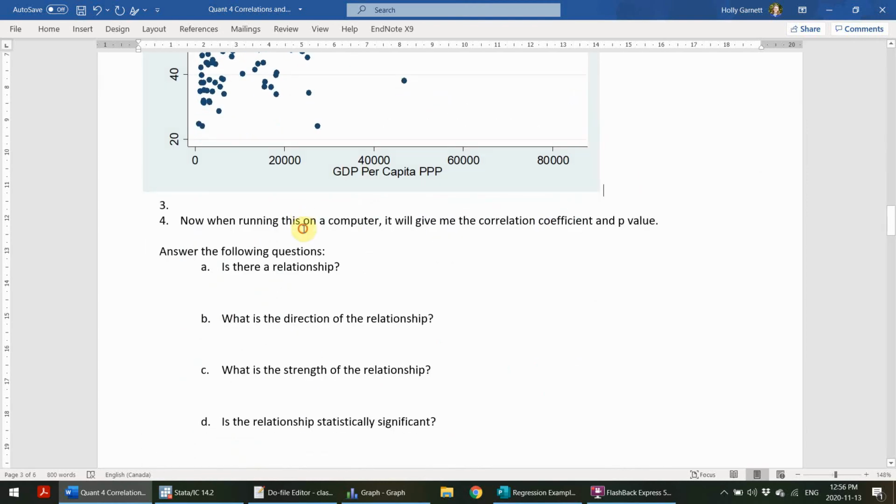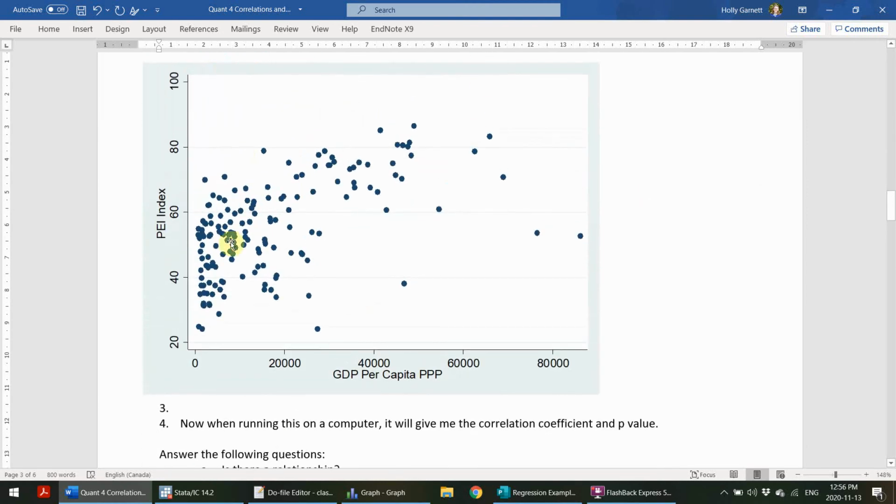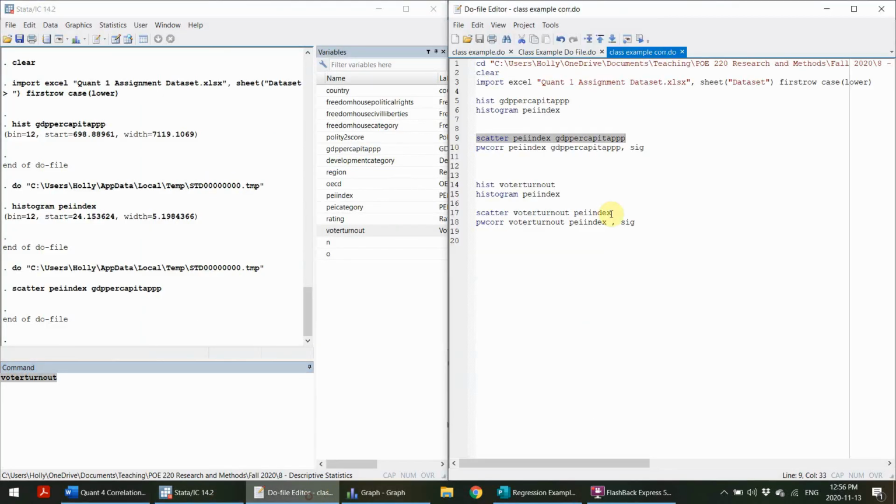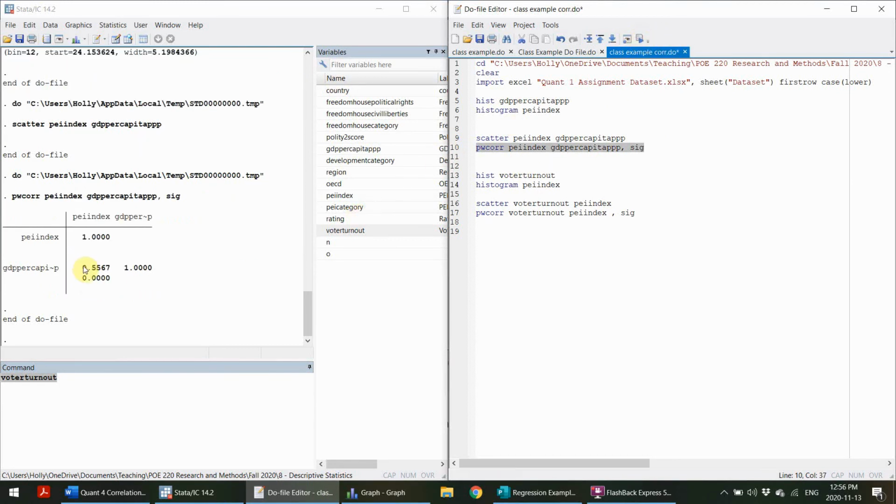Okay, so now we can run an actual correlation on the computer. And again, I'm not going to show you how to do that, the logic behind it or the calculations behind it, just because it is a bit too much to cover in this course. So when I get this output, it's telling me this is my correlation coefficient, 0.56, and that p is less than 0.0000.